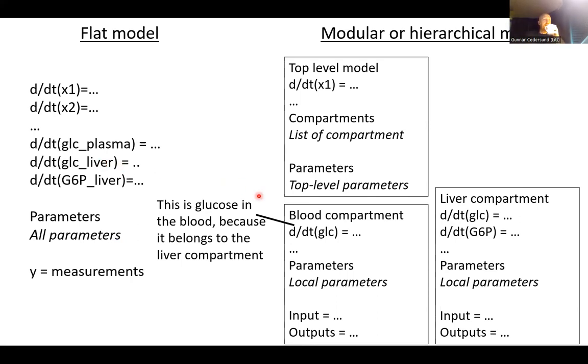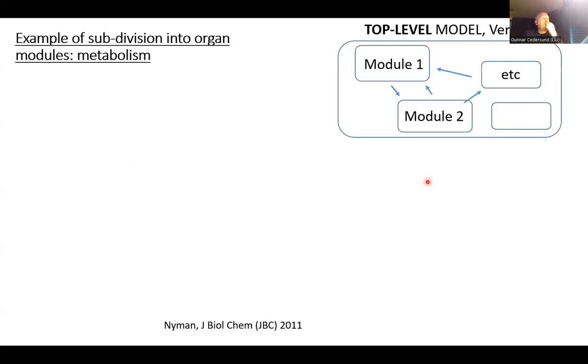So that's taken care of by the software. And usually these types of software also have automatic ways to deal with volume differences and so on. Okay, so now we know how to formulate multi-level models. Let's take an example.